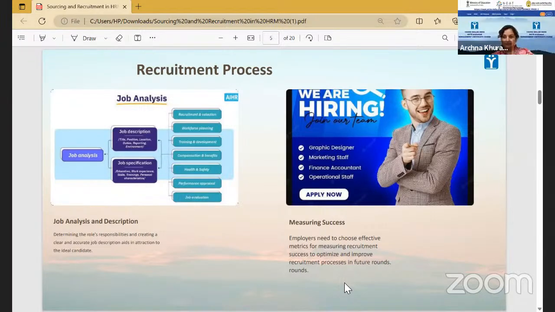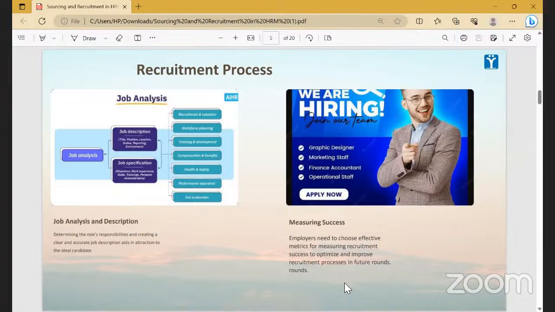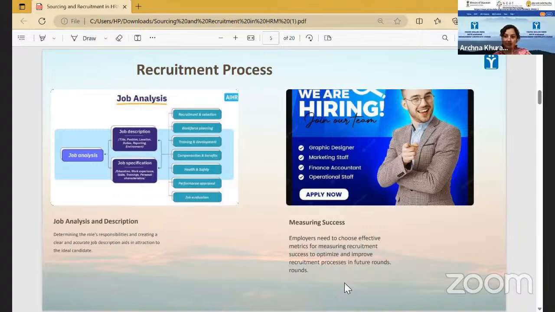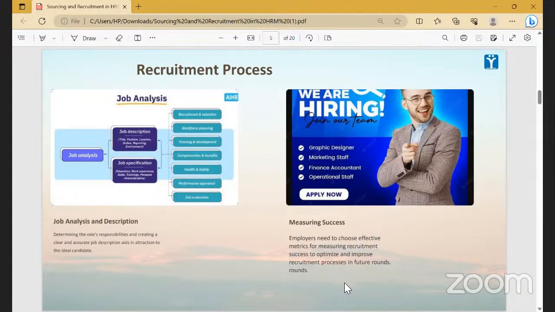Third, they conduct the test, because there are a lot of candidates, 300 students, so it is very difficult for them. With this test, they can select the limited candidates, and then they conduct interview rounds, either 2 or 3. After 2 or 3 interview rounds, they finally decide which candidates they are selecting, and then they offer the letter to them.